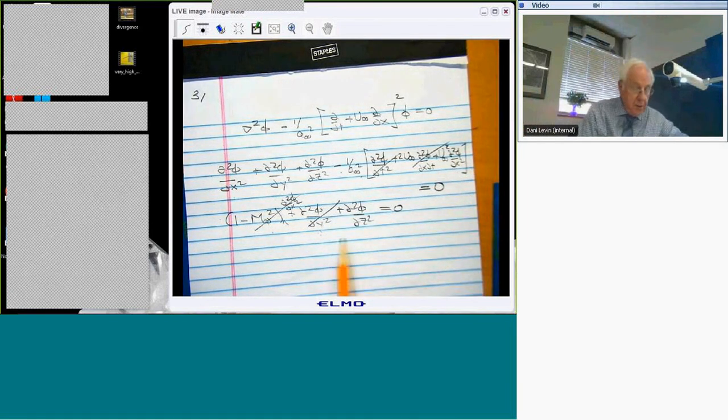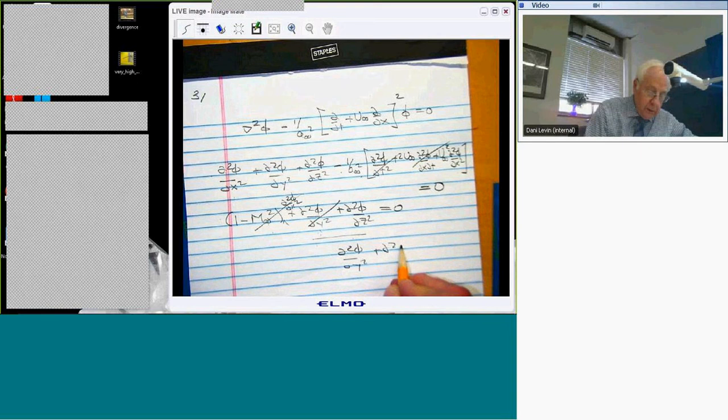What's left is Laplace's equation, but only in the YZ plane. That is actually called something. It's useful. It's called slender wing theory or slender body theory. This is called slender wing theory.